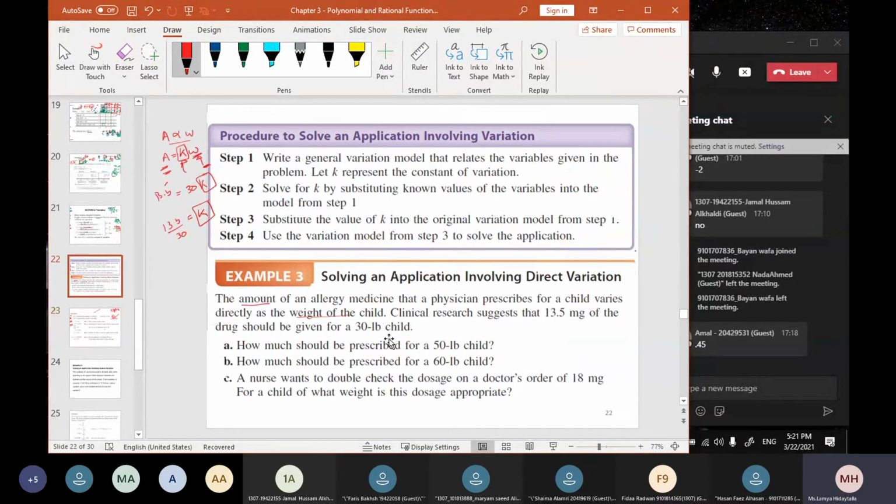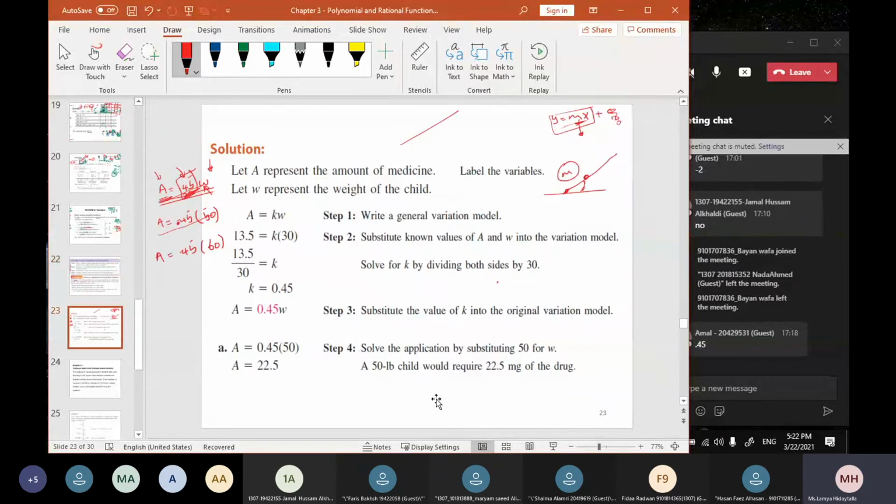Then the last question was, a nurse wants to double check the dosage on a doctor order of 18 milligrams. For a child of what weight is this dosage appropriate? Now I don't know the weight. This amount of 18 is appropriate to which weight?